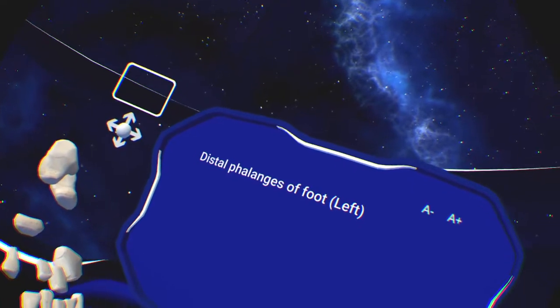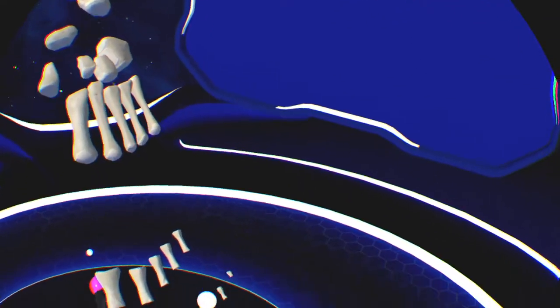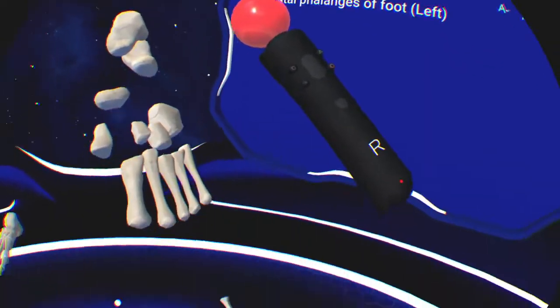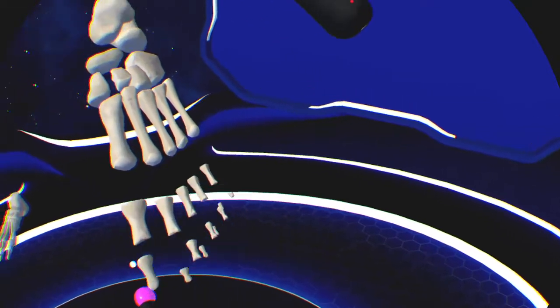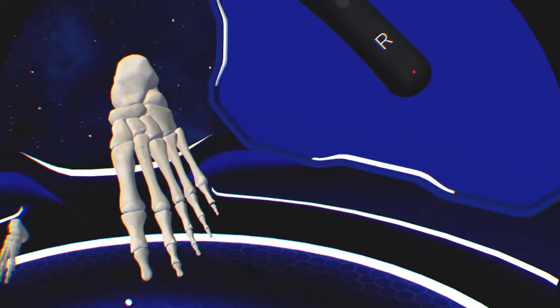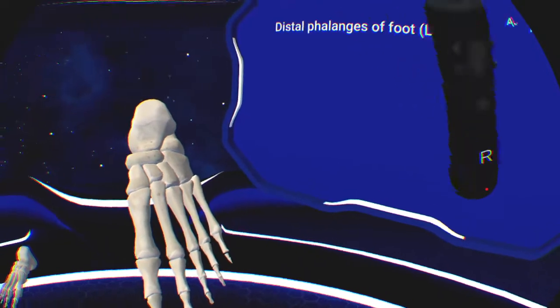This is the distal phalanges of the foot. So let's go over each part starting from smallest to biggest here. We have these tiny bones, and if we reassemble them, you can see where they go. Pay close attention here. See that? They're the tips of your toes here.